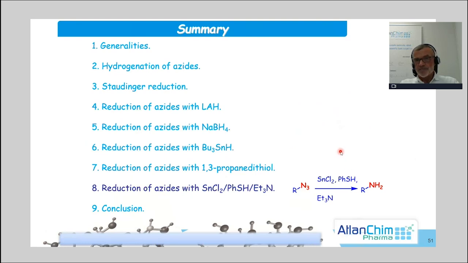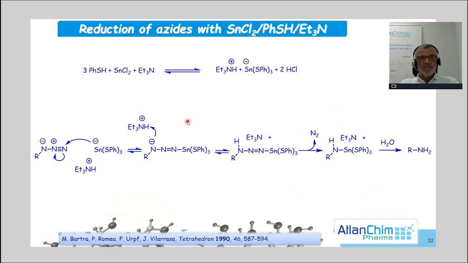Vilarrasa and collaborators have described an efficient procedure to reduce azides using a tin thiolate system, as presented in this last section. Tin chloride, benzenethiol, and triethylamine are mixed together to give presumably this complex, which is a reducing species. The following mechanism for the azide reduction has been proposed.